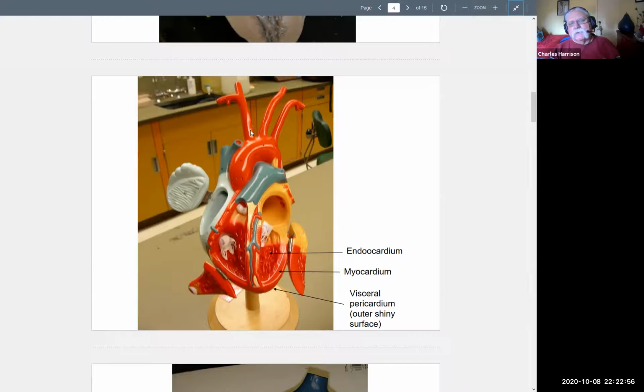Brachiocephalic means brachio to arm, cephalic to head. So it's going to go in both directions to take blood. This is the left common carotid artery. And this is the left subclavian artery. The right subclavian artery is this one.